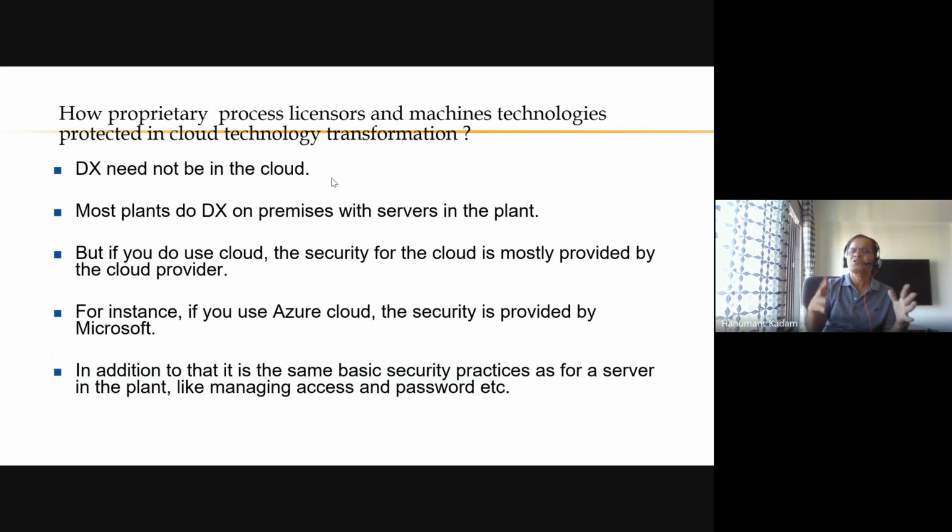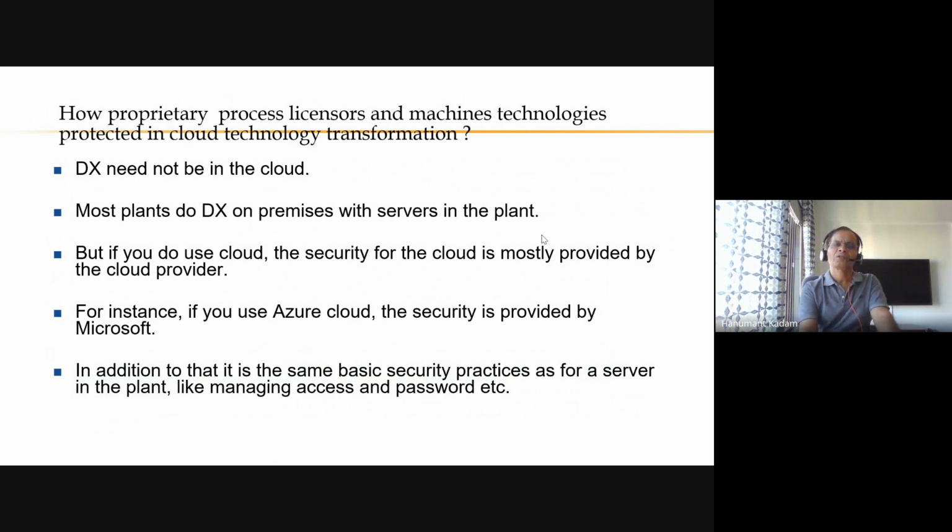We started already on the cloud in the last 4 years, and post COVID the speed has increased and awareness in the industry has also increased. But digital transformation need not be in the cloud. Most plants do digital transformation on premises with the servers in the plant.